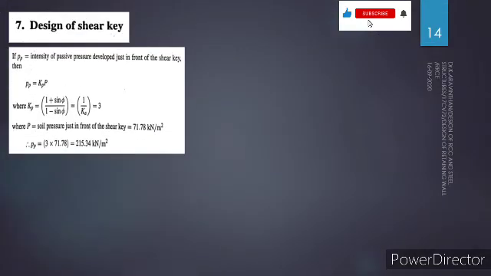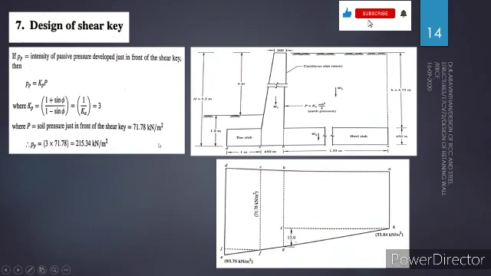We know that the total shear force acting at the shear key point is 71.78. This is the point where the shear force is acting. From the soil we have a force of 71.78 at the point C.